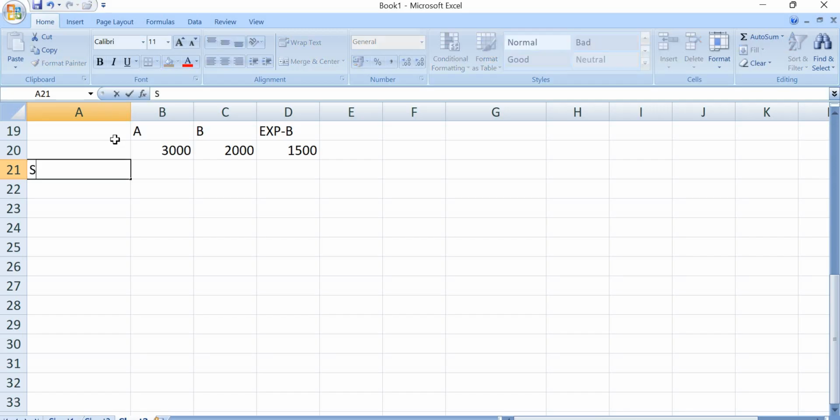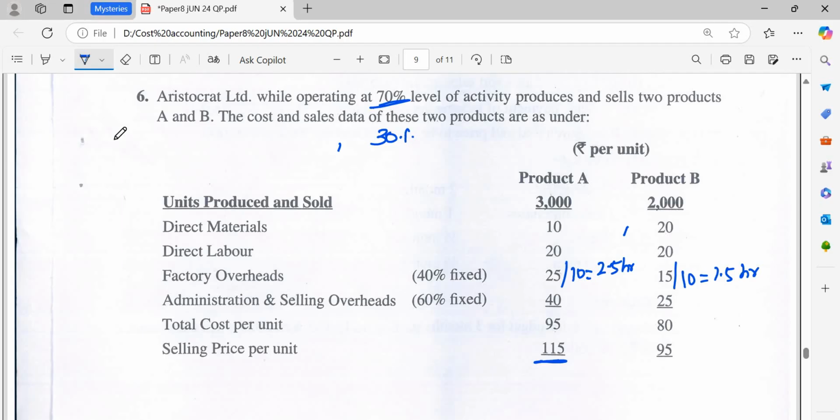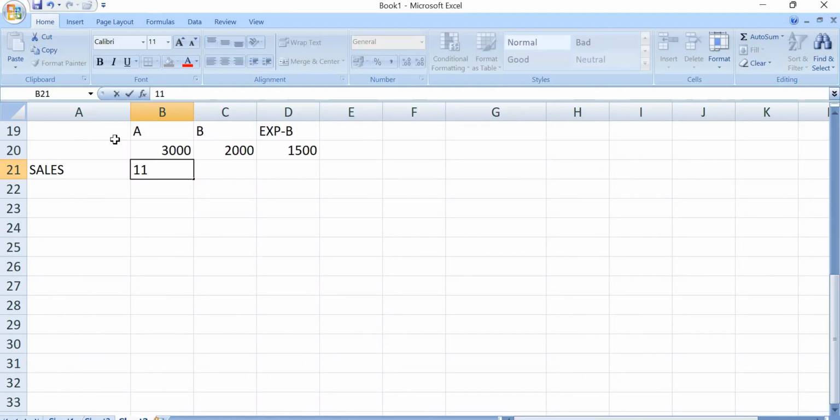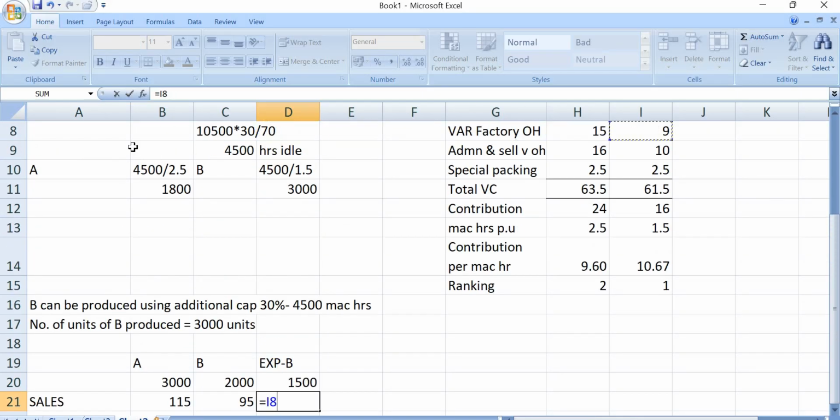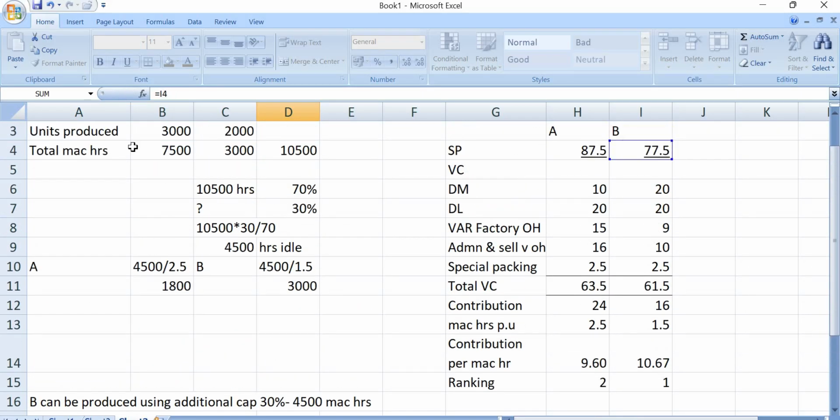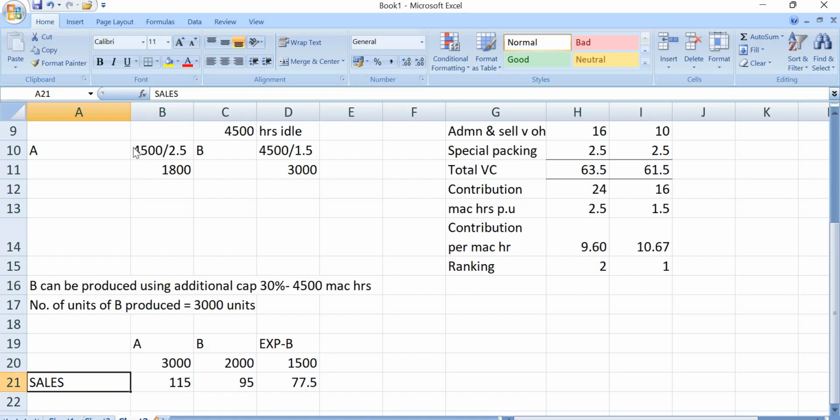So here sales, that is 115 and 95. Here we already calculated for export of B, so the same thing we can use. Now variable cost.